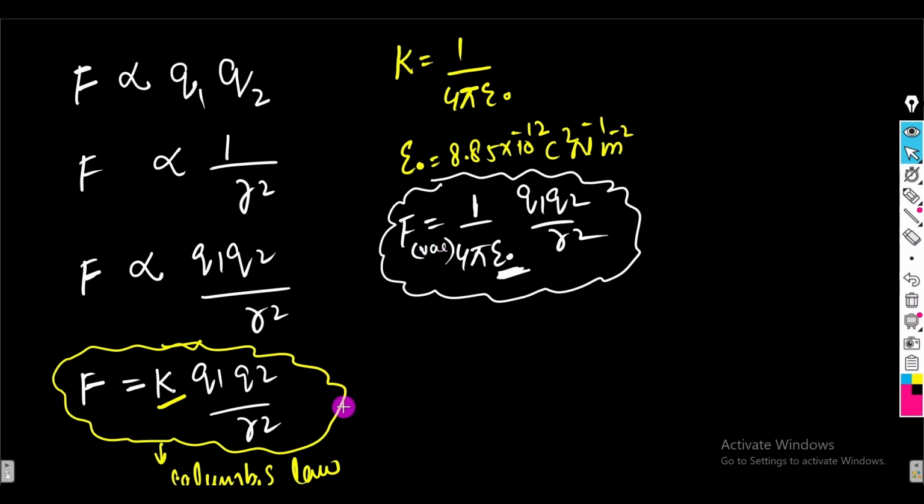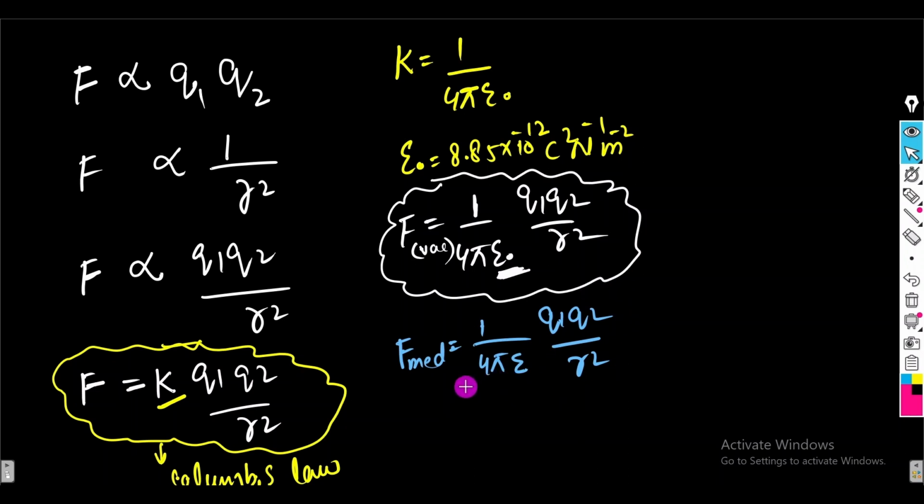And if there is another medium, not a vacuum, then in that case the force in the medium is equal to 1 over 4 pi epsilon, where epsilon is for the medium other than free space, Q1 Q2 by R square. Okay, and this is the Coulomb law for the medium.